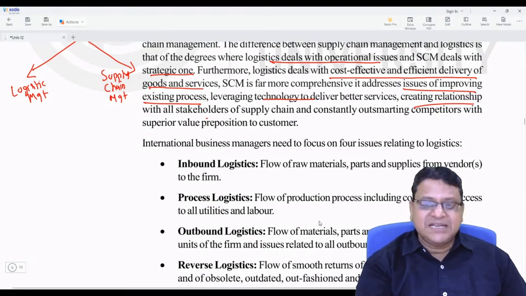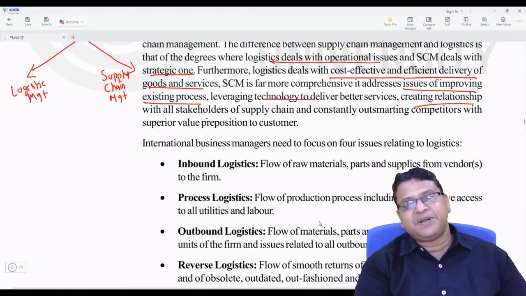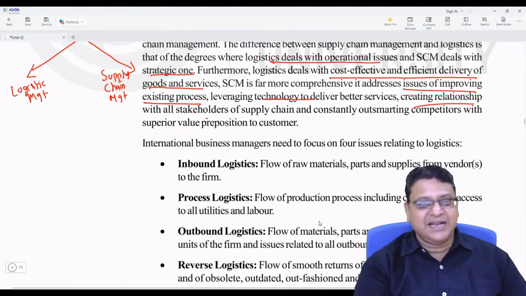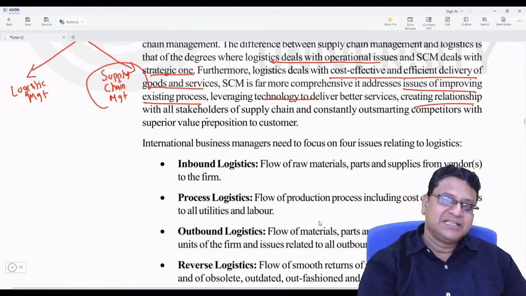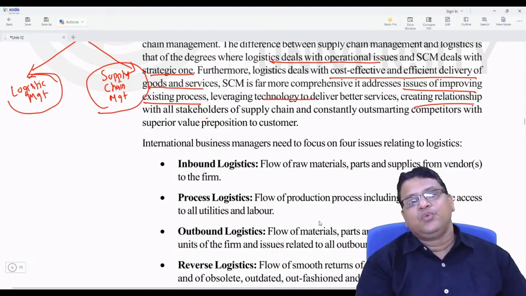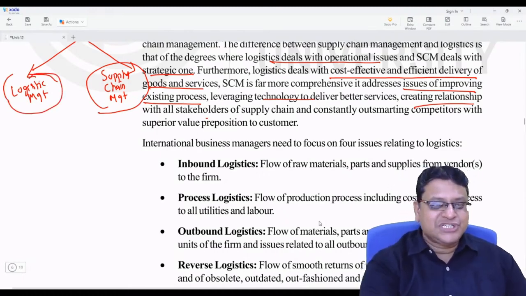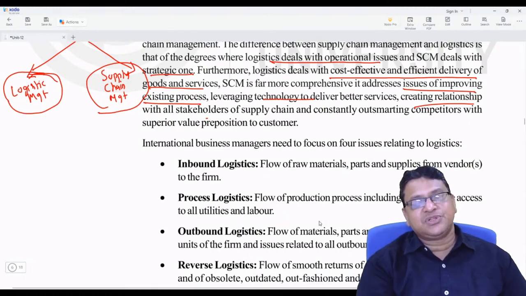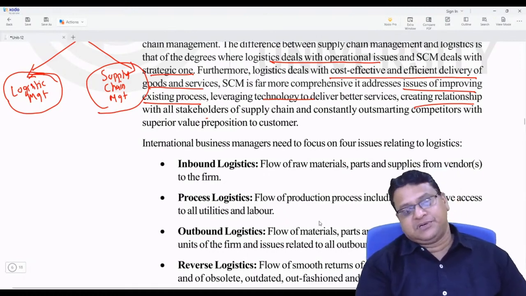So supply chain management and logistic management are more or less related, but supply chain management has a broader view than logistic management. We are concerned with logistic management. It deals with all activities from point of origin to point of consumption.